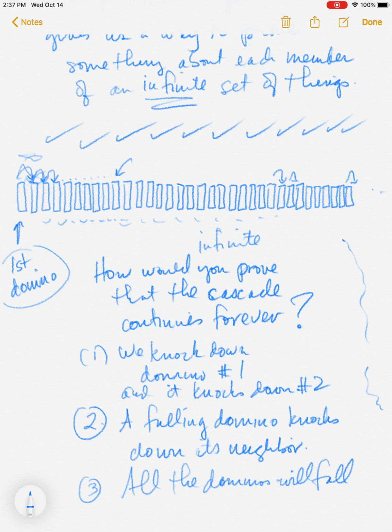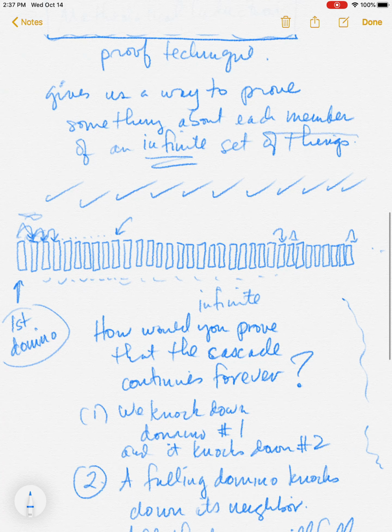One of the things about the infinite collection of things that we're going to be dealing with is that it's an ordered infinite collection of things. So one of the ways in which this is a reasonable metaphor is that you have the first one, the second one, the third one, the nth one, the n plus first one, and so on, right? You can order the dominoes and call them the first, second, third, fourth, fifth, nth, whatever, 757th, and so on.